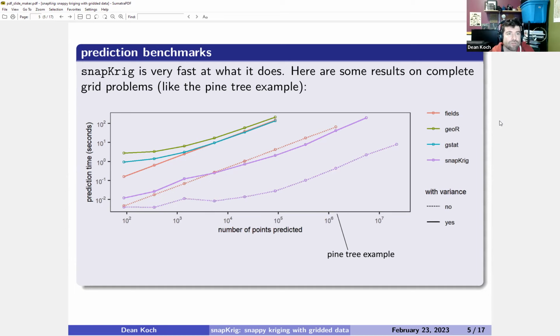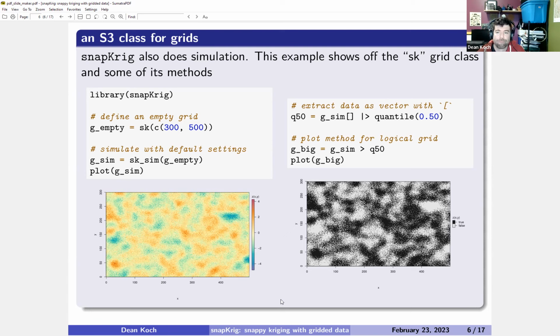So I have the SKgrid class. And here's some example code showing how to define a grid object based on its dimensions, and then fill it with some data. And in this case, I simulate data, but you could also open your data from a file like a GeoTIFF, or copy it from an existing R object like a spat raster or raster object.